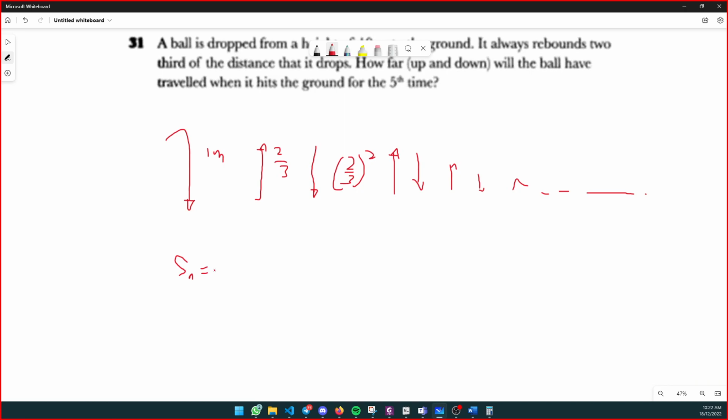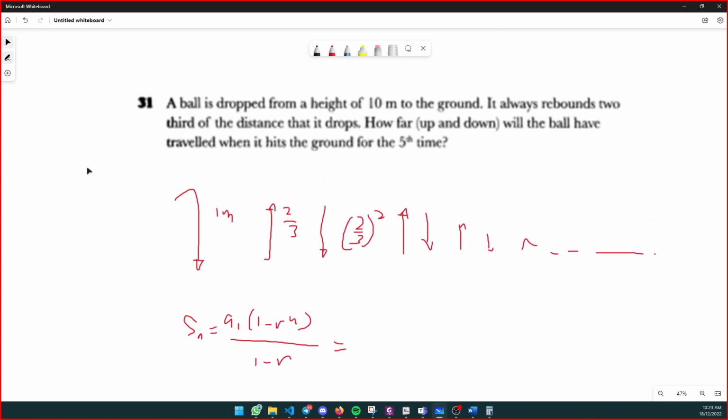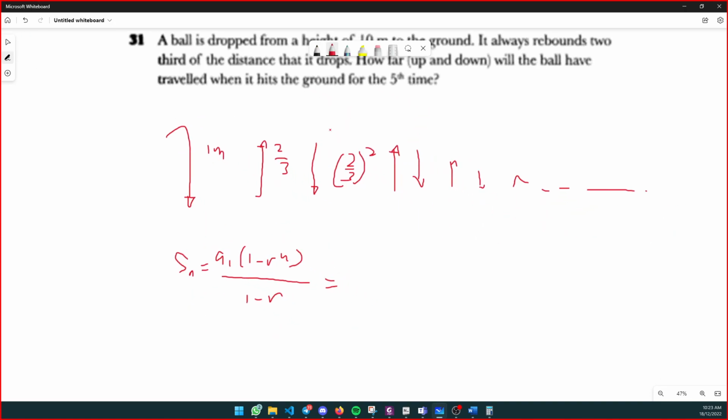Total displacement is Sn equals A times 1 minus r to the power of n, over 1 minus r. You know that the first time is 10 meters, so that's 10, 1 minus 2 over 3, so 2 over 3, to the power of 5, over 1 minus 2 over 3.